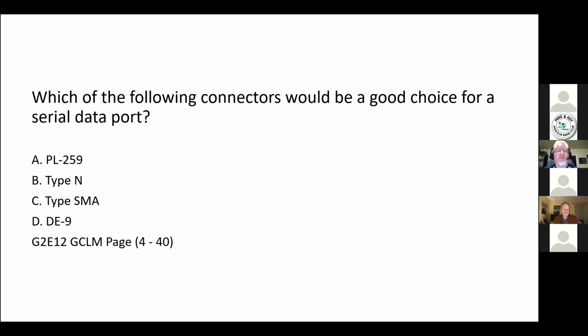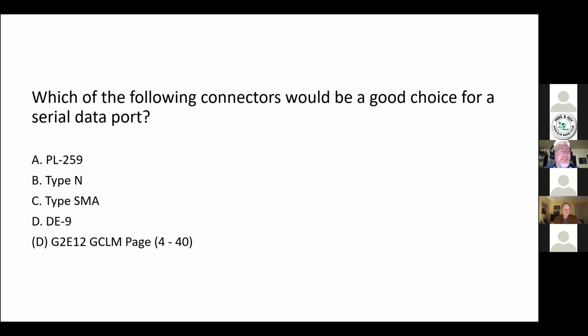Which of the following connectors would be a good choice for a serial data port? A, PL259, B, a type N, C, a type SMA, or D, a DE9, Delta Echo 9, also known as a Delta Baker 9. I was gonna say D, but I never heard of a DE9.